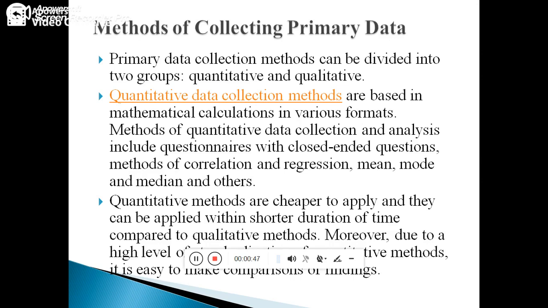Quantitative methods are cheaper to apply and they can be applied within a shorter duration of time compared to qualitative methods. Moreover, due to the high level of standardization of quantitative methods, it is easy to make comparison of findings.